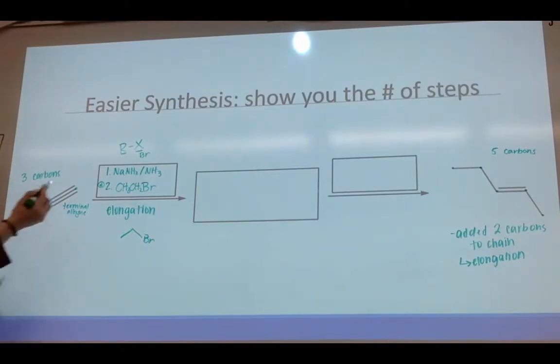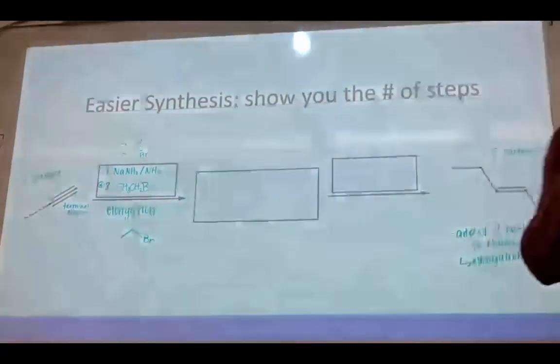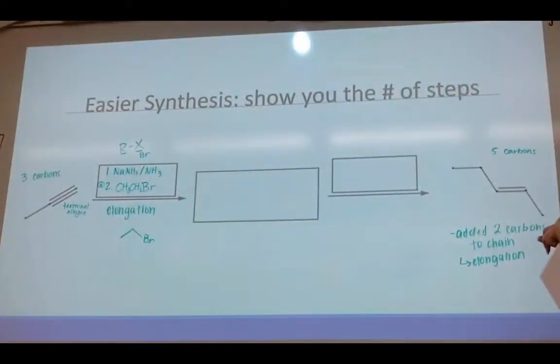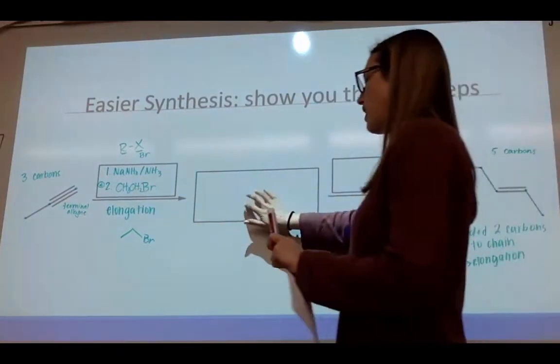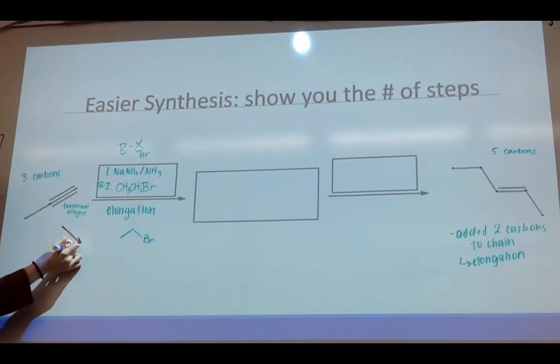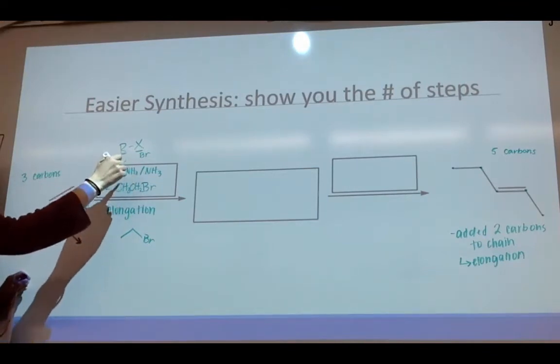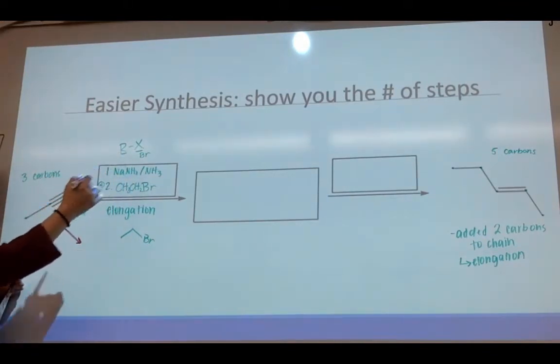So for chain elongation, I'll show you the mechanism, just to review how it works the way that it does, just to show you how to get to this product. So if we take a look at this, the mechanism for chain elongation, we need this NaNH2 only because NH2 is a strong base.